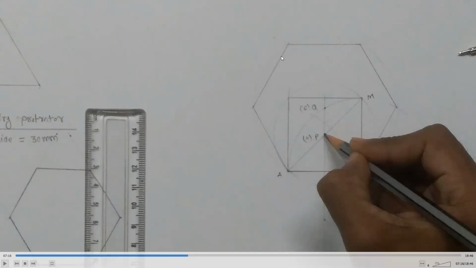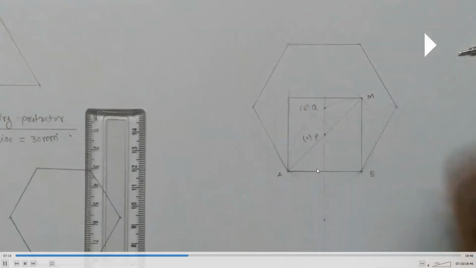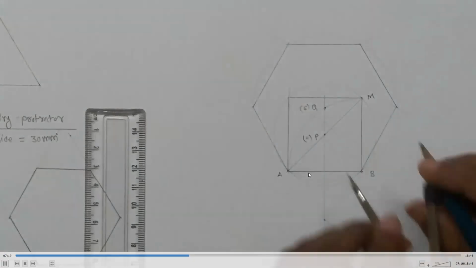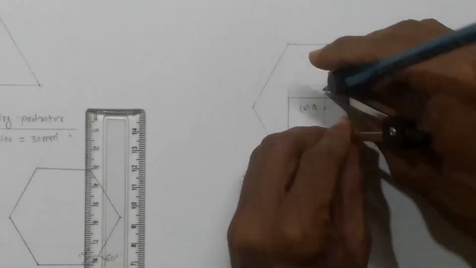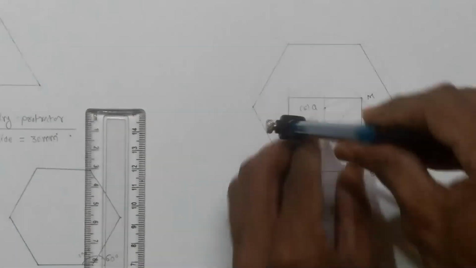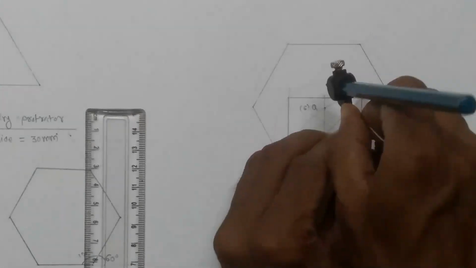So let us see how to draw that pentagon. First is find out the midpoint of the length QP. So you can bisect that segment QP.